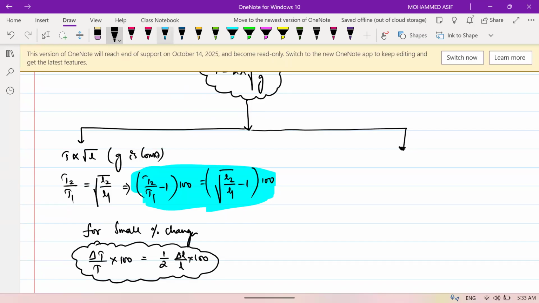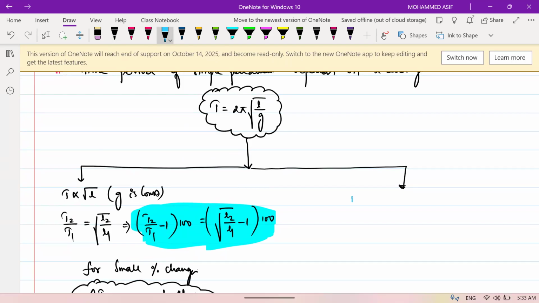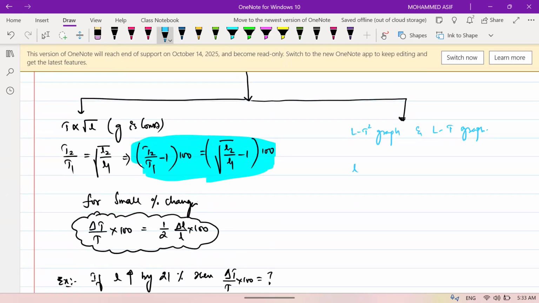Now see here, when g is constant, the time period is directly proportional to root of L. Now tell me, what will be the graph of this, beta? The L versus T graph, and the L versus capital T graph. From this I can get the length L equals g into T square divided by 4 pi square. From the time period formula, T equals 2 pi under root of L divided by g.